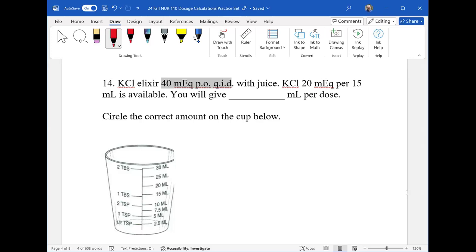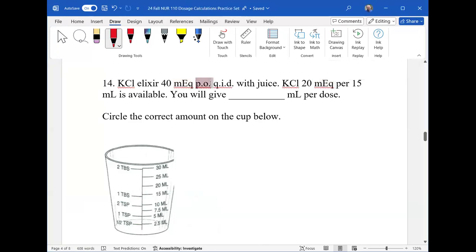But milliequivalents are just another unit of measure. So it's like milligrams, it's like micrograms, it's like units. It's just called milliequivalents. That's just the name of the unit. So don't get hung up on that. And usually you cancel that out in the available dosage anyways.